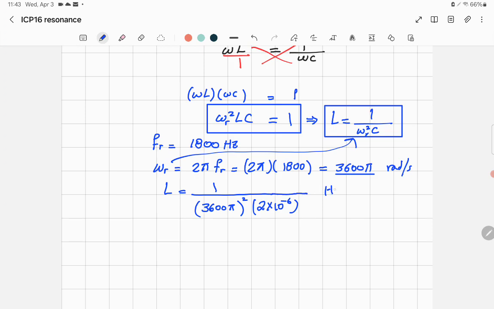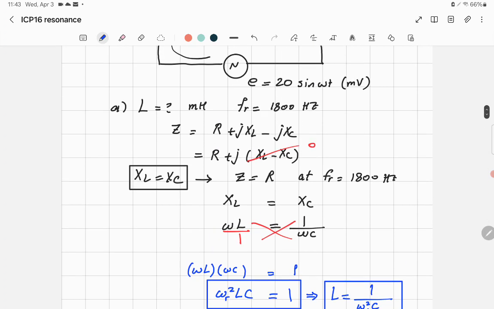If you want to convert this to millihenry, multiply it by 1000. Do that in the calculator, and you'll find it's equal to 3.9 millihenry. So the value of the inductance that will make the circuit operate at the resonant frequency 1800 hertz is equal to 3.9 millihenry. So we answered the first question.